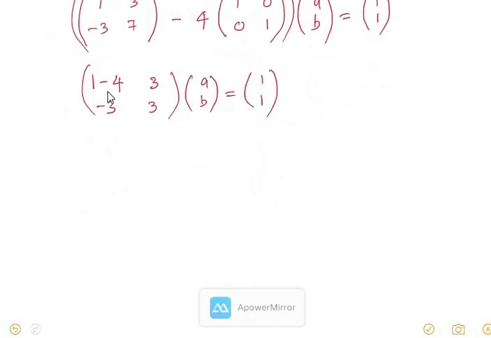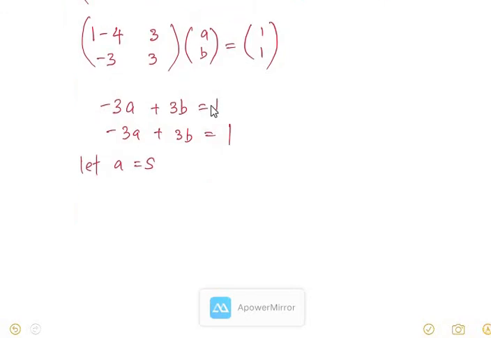So you multiply: negative 3 times A plus 3 times B. Okay, so negative 3A plus 3B equal to 1, and then negative 3A plus 3B equal to 1 also. Then we assume A is equal to S. So negative 3S plus 3B equal to 1.